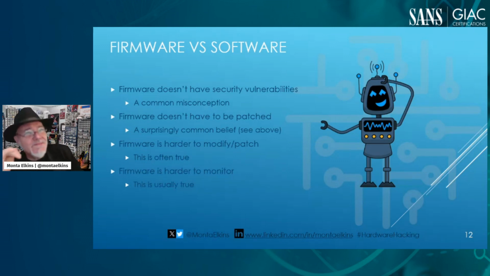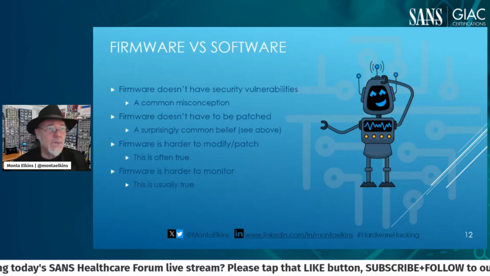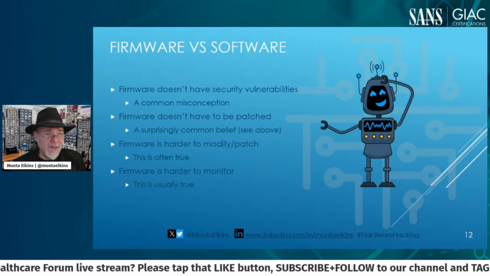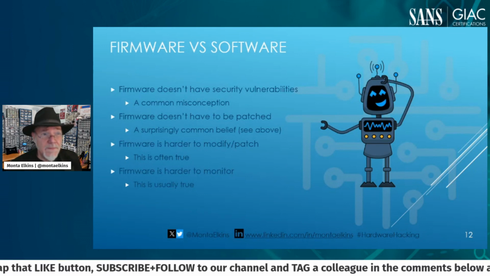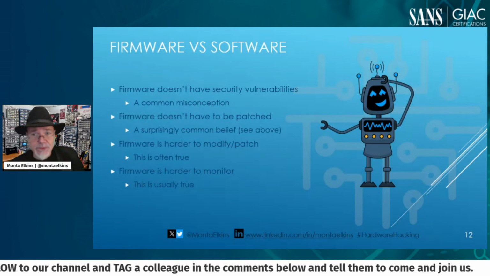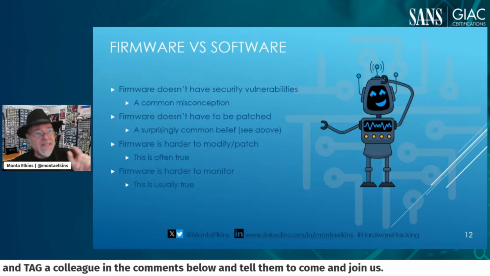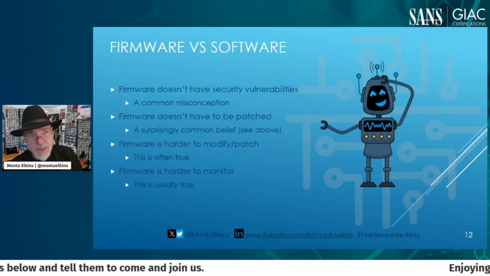No, just call it software for now, right? That'll help you. Firmware doesn't have to be patched. Well, if it has an important vulnerability and an important piece of equipment that has some access to it, yes, it does. The way firmware is different from software is that it's harder to patch. It's harder to monitor. We can normally do things like take a hash of software to see that it hasn't been modified. That's a lot harder for us to do with these devices that run something we call firmware.